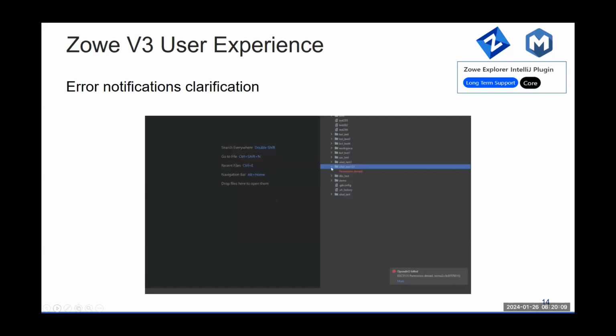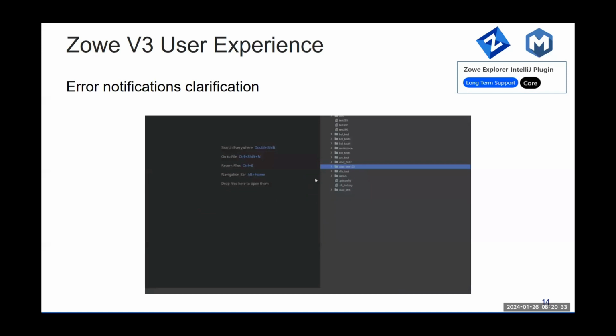In version 1 of the plugin, we didn't have much explanation in the error notification. It was a lot bigger than now, and it was not possible to appropriately figure out the cause of the problem.